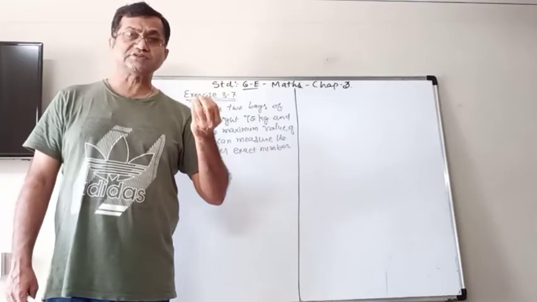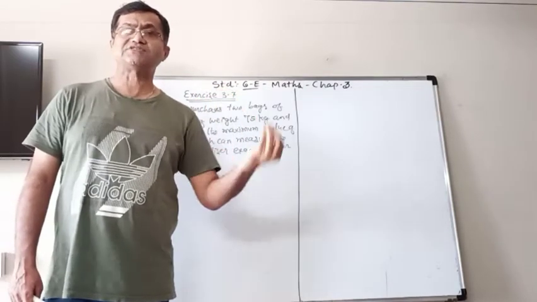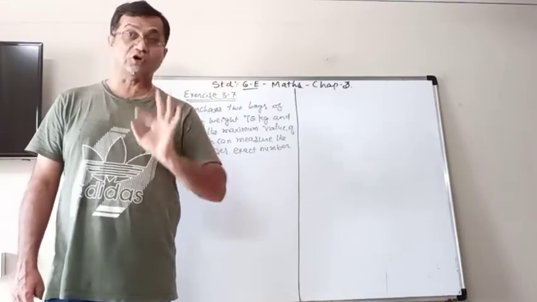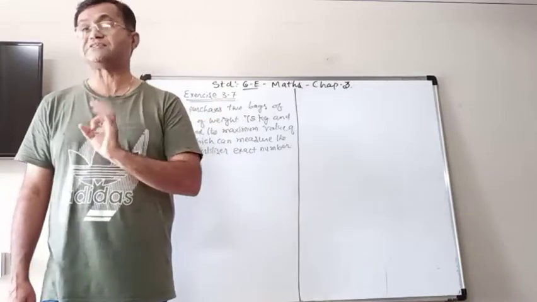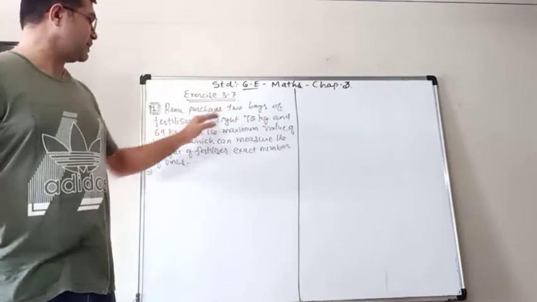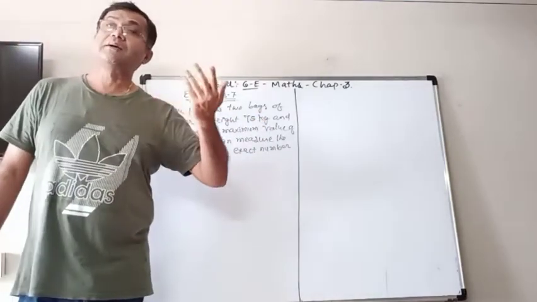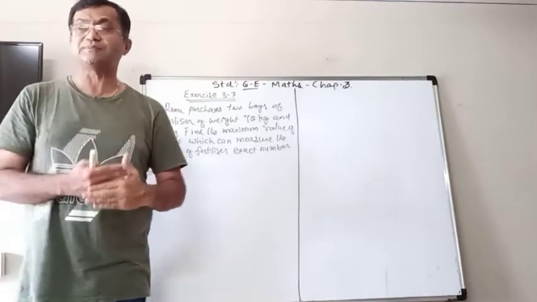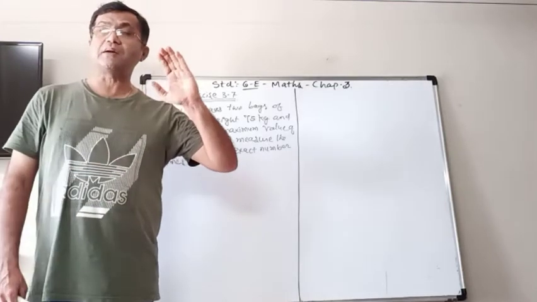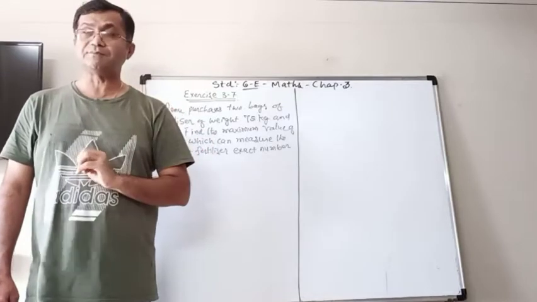And if the word smallest, least, or lowest is used, then most probably, but not always, you have to find LCM. Similarly, if the answer will be smaller than the given numbers, then you have to find HCF. But if the answer will be bigger than all the given numbers, then you have to find LCM.